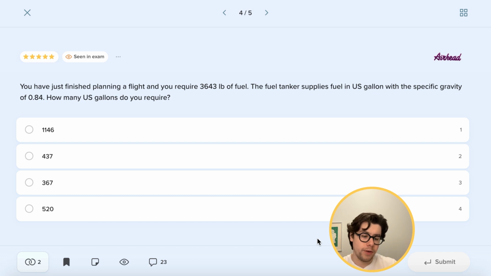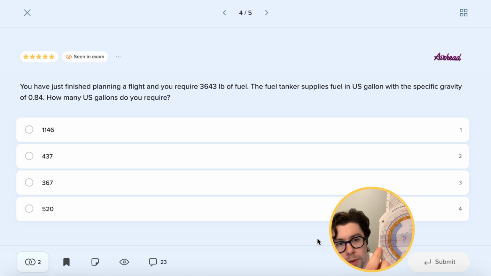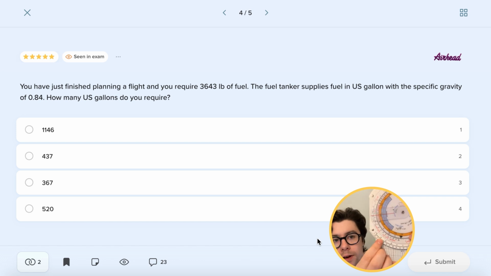So just like this, you can see, I will try to show you with this arrow right here. Within the specific gravity box, on the outer scale, I have lined up 0.84 with, on the inner scale, 36, representing 3,600 pounds. And all you need to do now is, if you take a look here at the US gallon box, there is a small arrow.